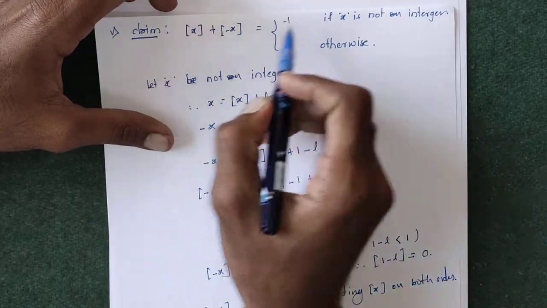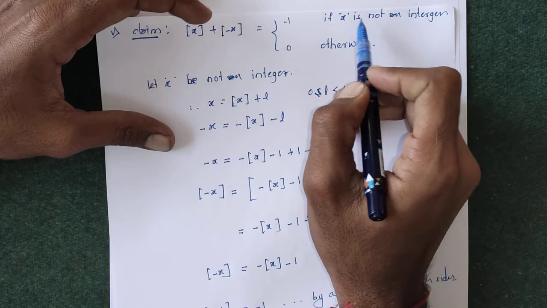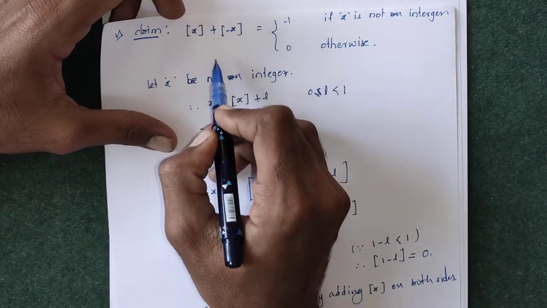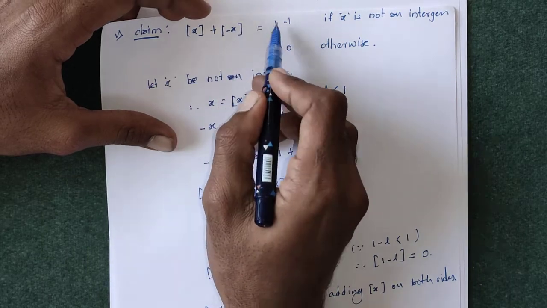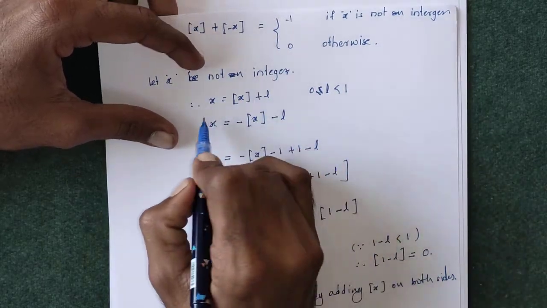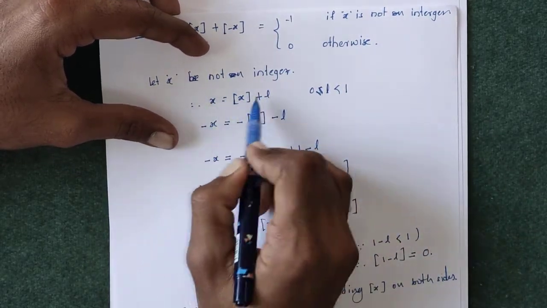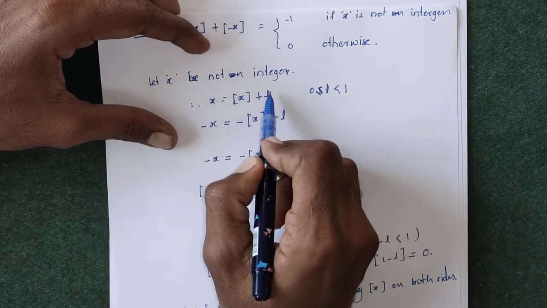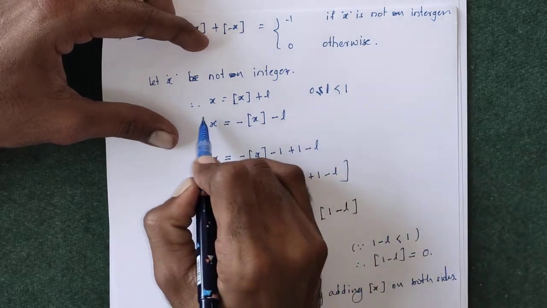If x is not an integer, that is if x is a rational number, we will get the integral part of x plus integral part of minus x is equal to minus 1. Since x is a rational number, x must be of the form integral part of x plus some L, and L is between 0 and 1.